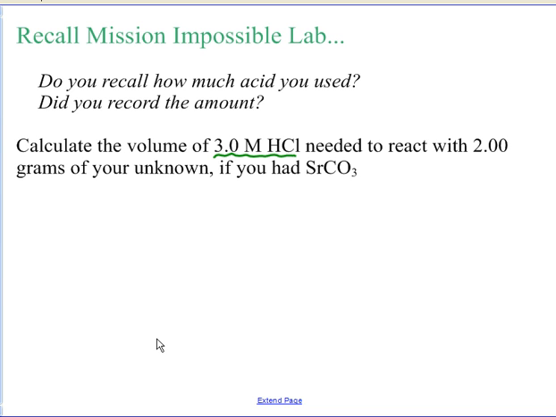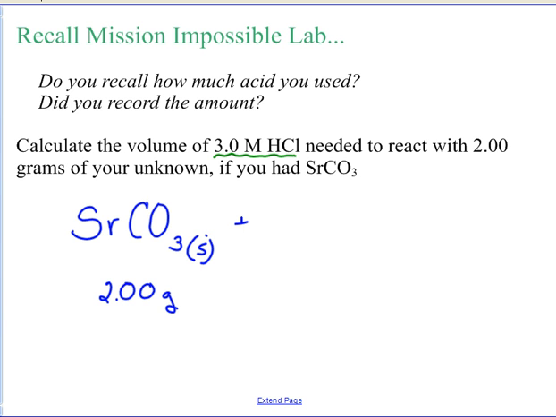Well, of course, the first thing whenever we do stoichiometry is to write a balanced equation. So let's go ahead and do that. In this problem, we started with 2.00 grams of the strontium carbonate. And we reacted it for this lab with excess hydrochloric acid.